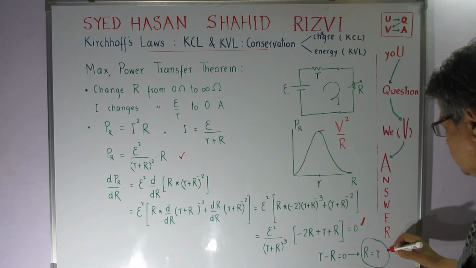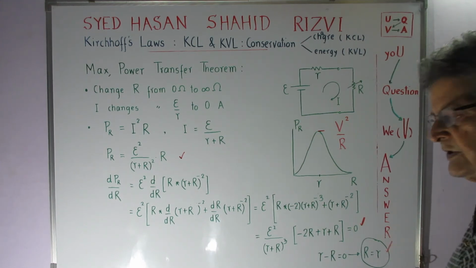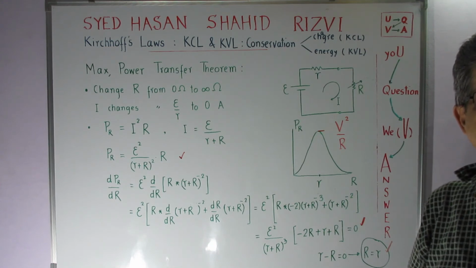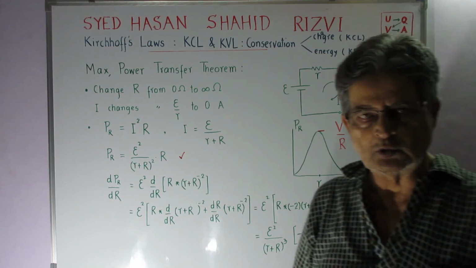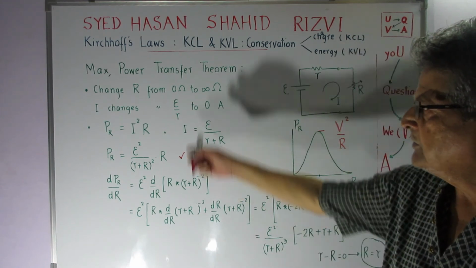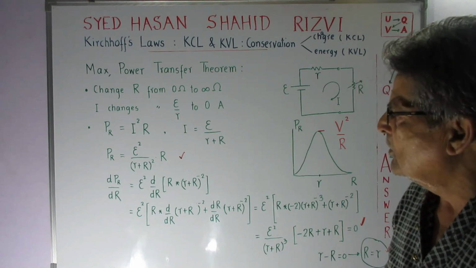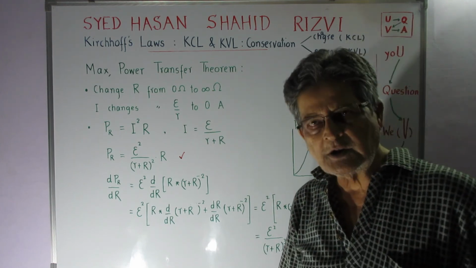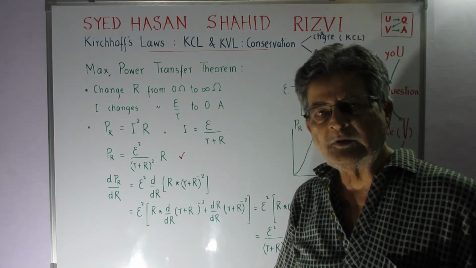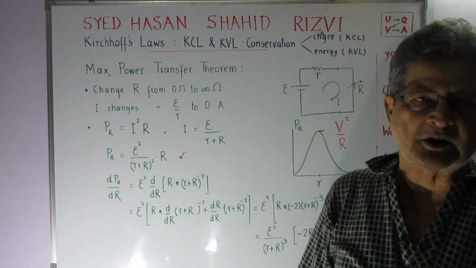So the condition we obtain is the beautiful condition that the external and the internal resistances should be equal to each other. This maximum power transfer theorem or rule, whatever you want to say, will return again when we are talking about impedances in the case of AC circuits.